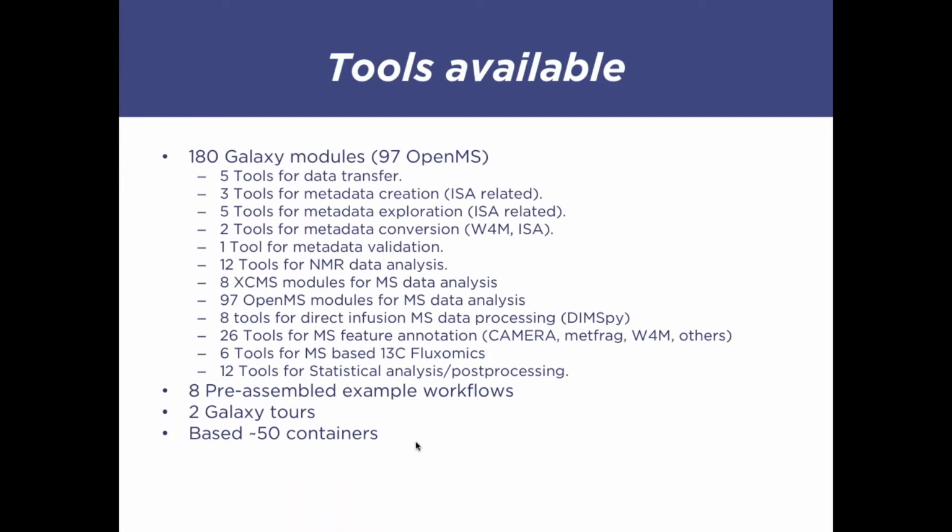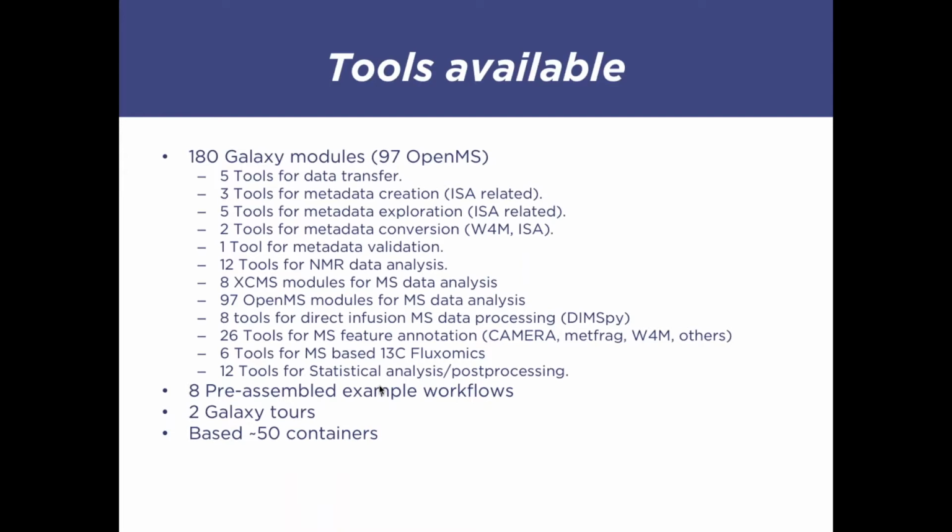We have tools for converting between metadata standards, such as Workflow for Metabolomics and ISA. We have tools for metadata validation. We have around 12 tools for NMR data analysis. We have more than 100 tools for mass spectrometry data analysis in between XCMS, OpenMS, and the DIMSPY package.